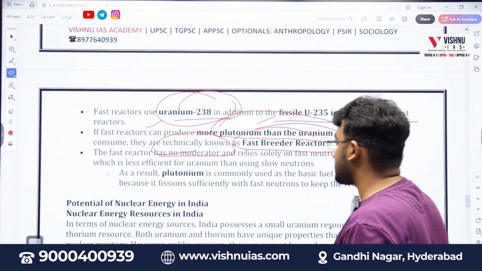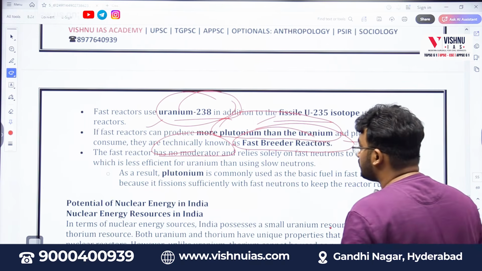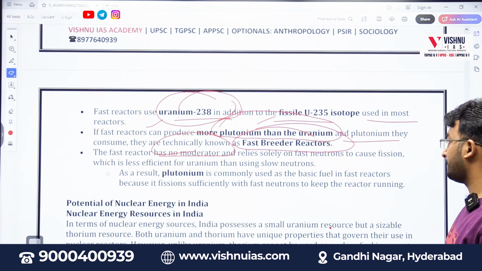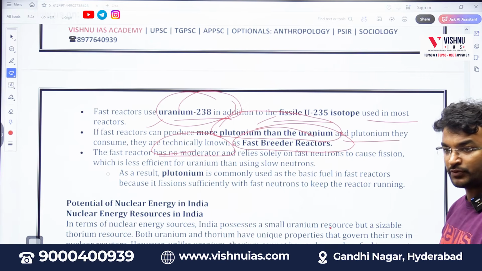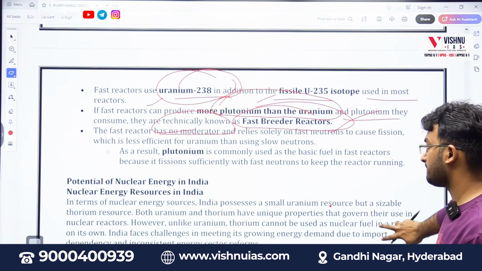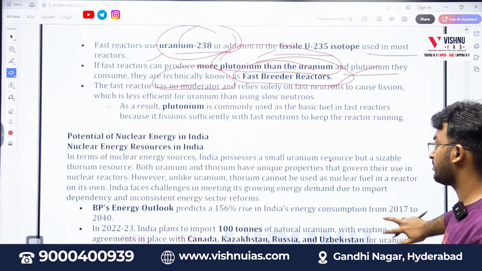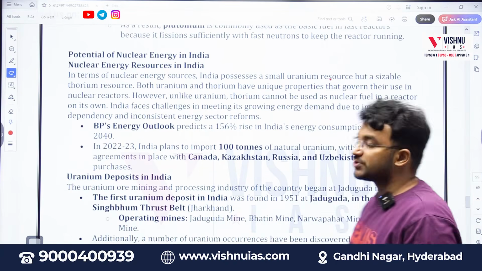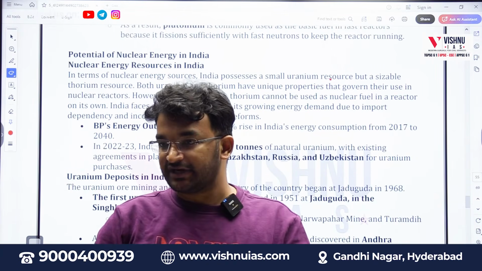The fast reactor has no moderator. It relies solely on the fast neutrons. So this is about fast breeder reactors.